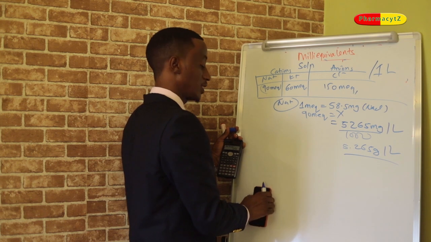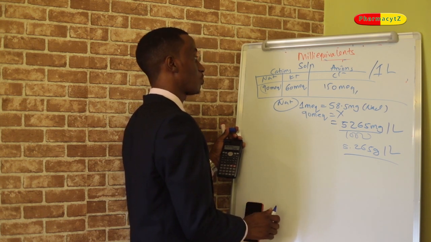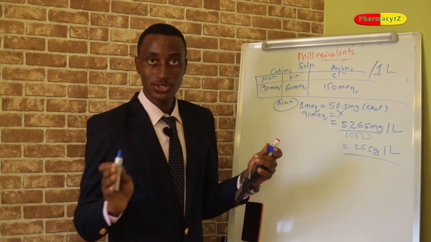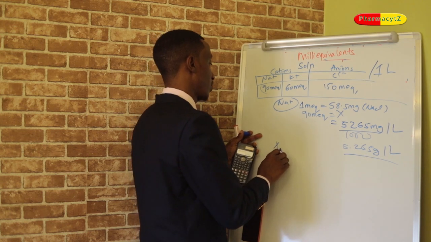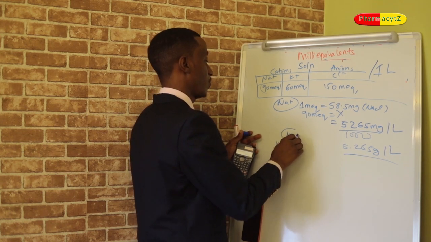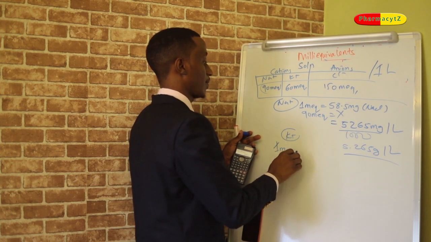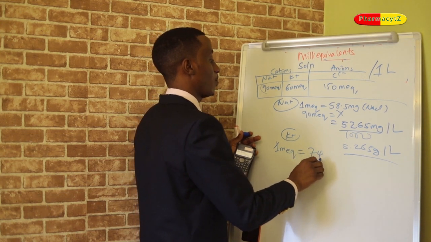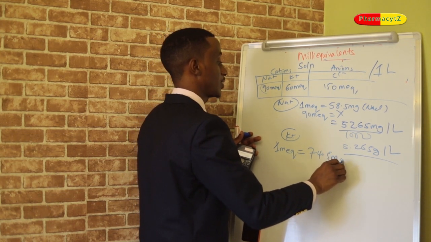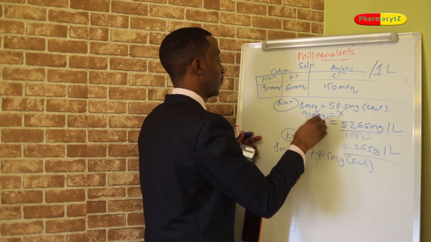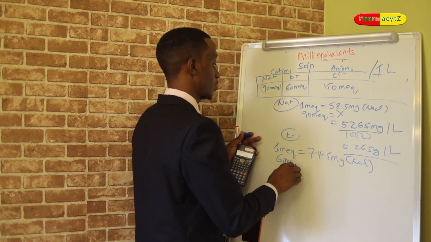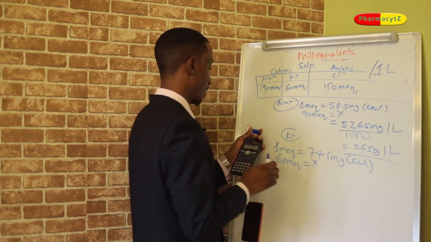Then you do the next to potassium. You should know how much potassium is going to provide 1 MEQ. That is obvious. 1 MEQ of potassium chloride can provide 74.5 milligrams of potassium chloride. So if we have 60 MEQs, then shall provide how much?